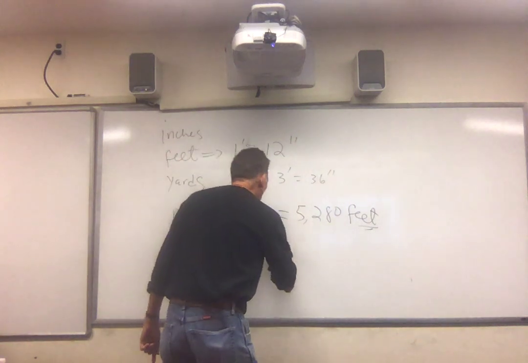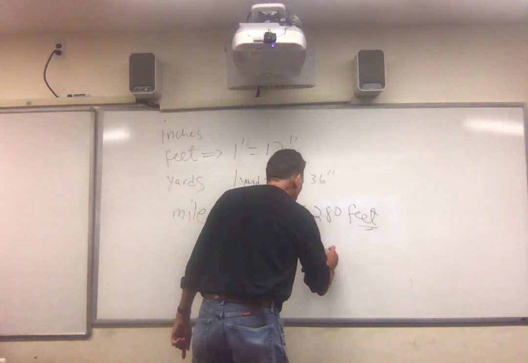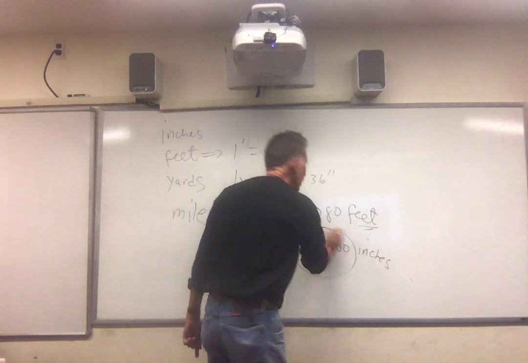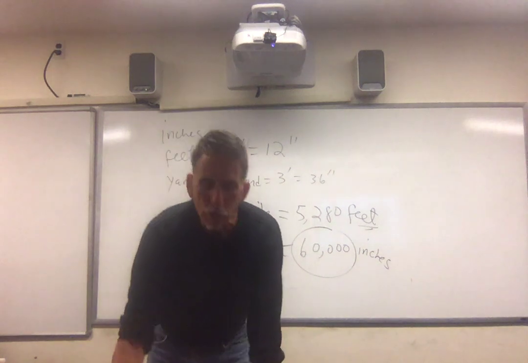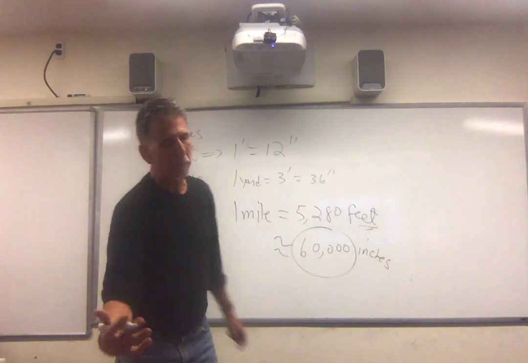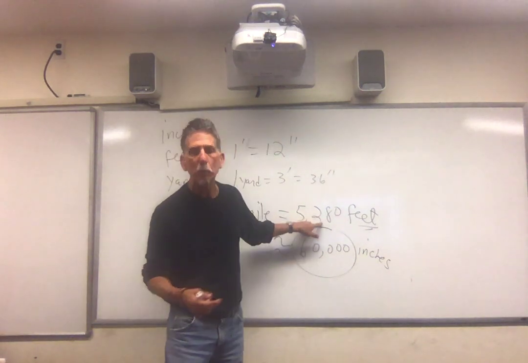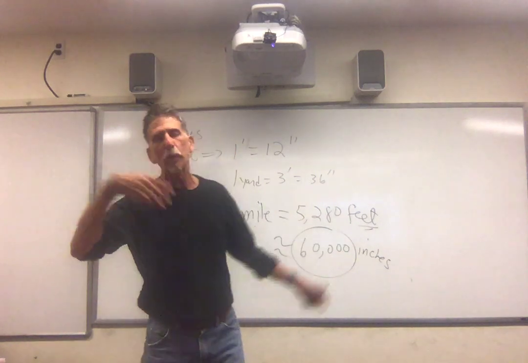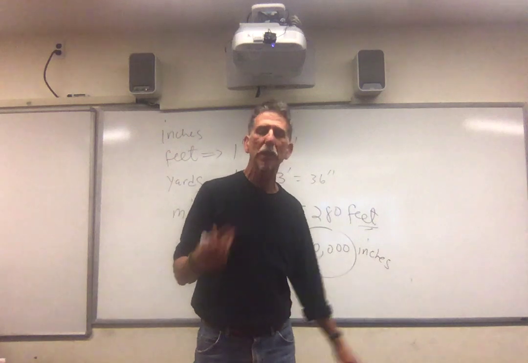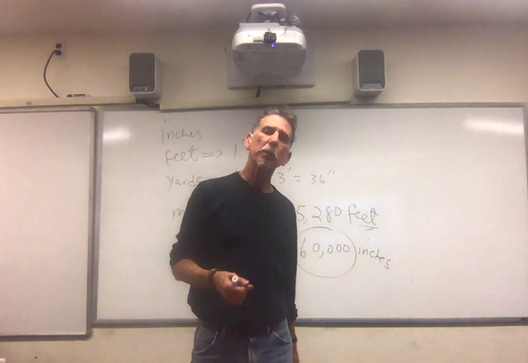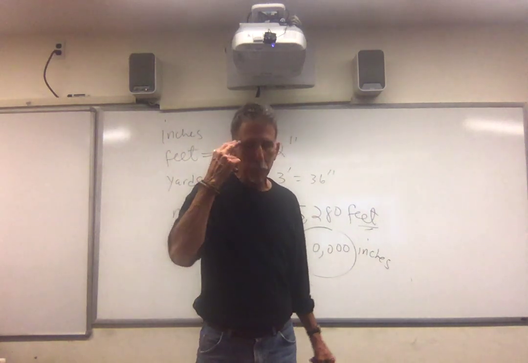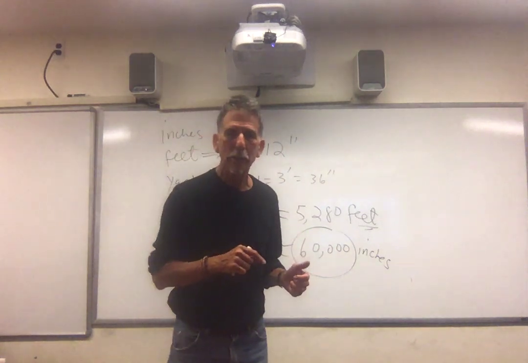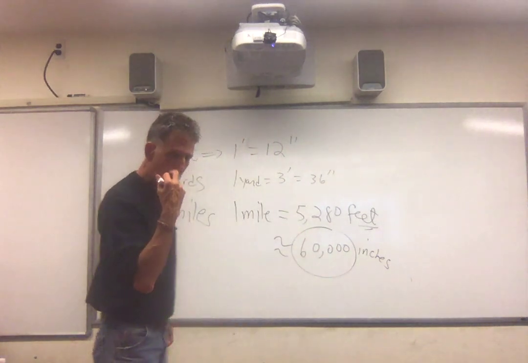I'm just going to put about 60,000 inches. If it's a multiple choice question, you don't have to work it out. You know it'll be a little more than 60,000 because there's 5,280 feet. So 64, 65, who knows, but it's about 60,000 inches. For the TEAS exam, just knowing these facts, you can put the answer right away. You do not need a calculator to calculate to the nearest decimal.